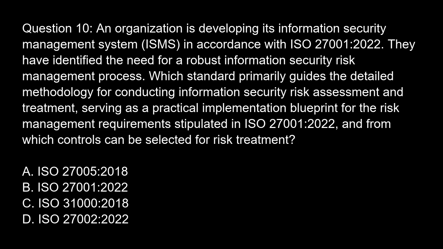Question 10. An organization is developing its Information Security Management System, ISMS, in accordance with ISO 27001/2022. They have identified the need for a robust information security risk management process. Which standard primarily guides the detailed methodology for conducting information security risk assessment and treatment, serving as a practical implementation blueprint for the risk management requirements stipulated in ISO 27001/2022 and from which controls can be selected for risk treatment?